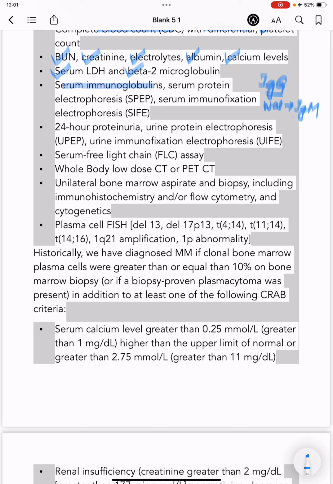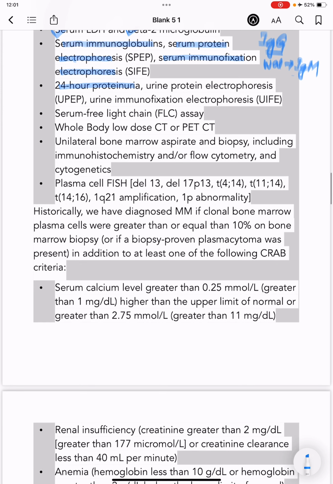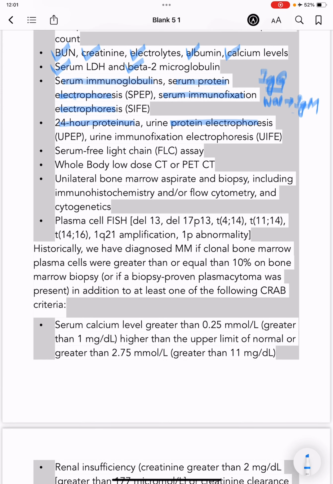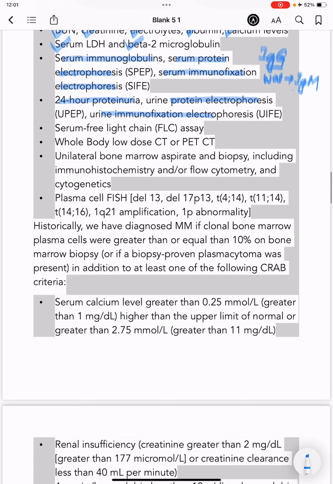Then we have to get a serum protein electrophoresis and serum immunofixation electrophoresis. Then we have to get a 24-hour urine proteinuria, urine protein electrophoresis, and urine immunofixation electrophoresis.